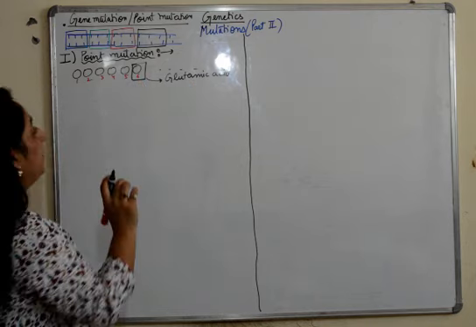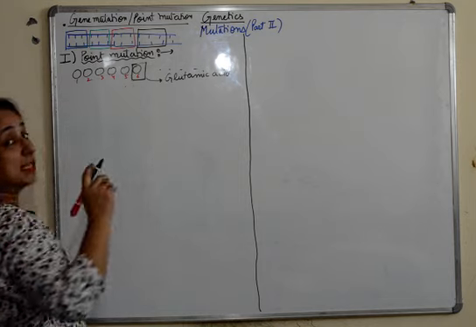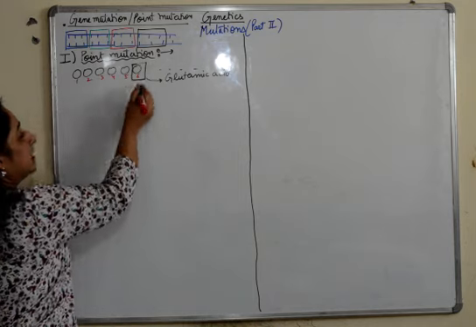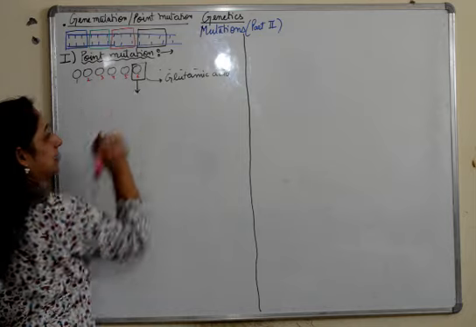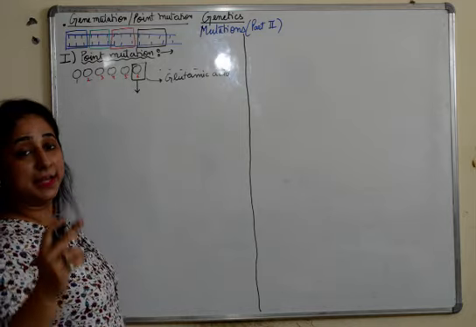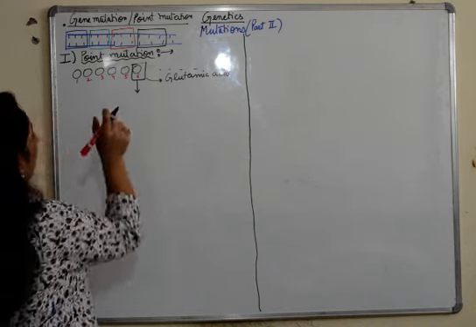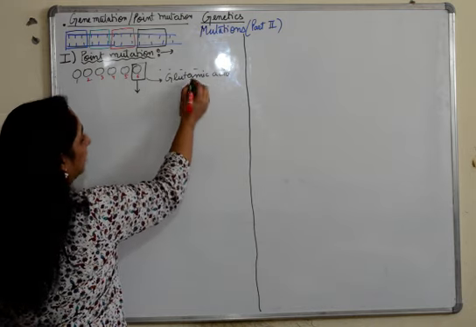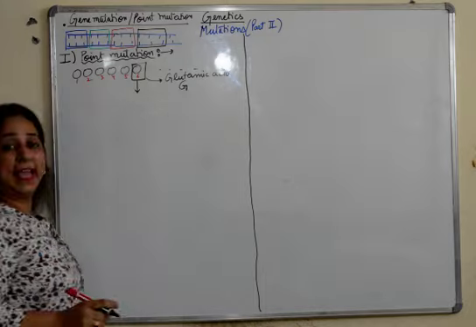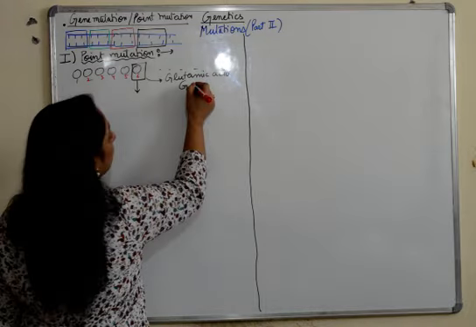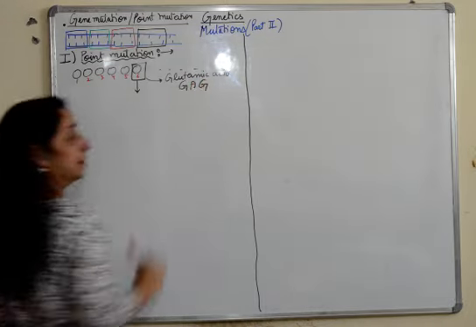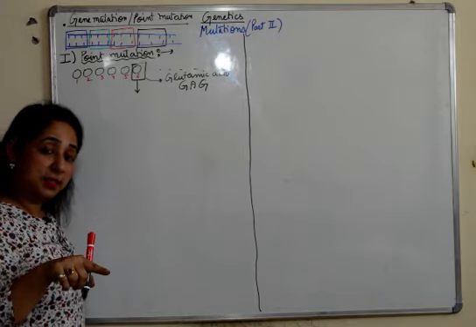But when a change takes place during sickle cell anemia, this 6th amino acid is changed. The code which codes for glutamic acid is GAG. I said it is read in triplets.